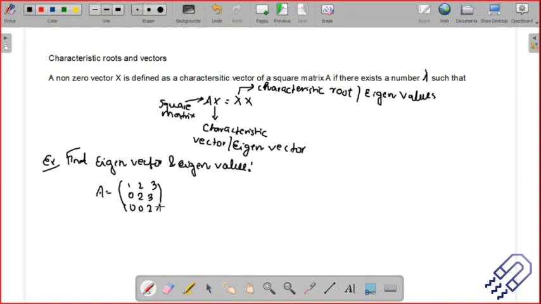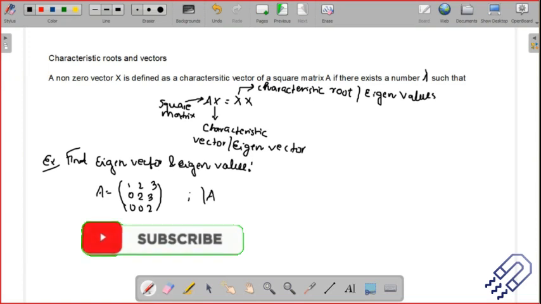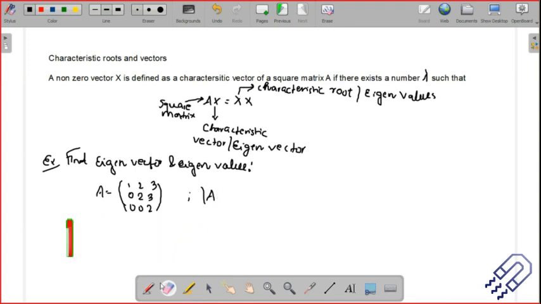So how you usually proceed with this kind of problem is you basically take A minus lambda I, and set A minus lambda I equal to 0.